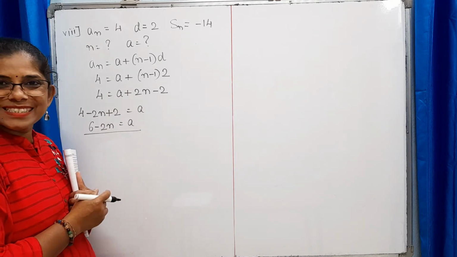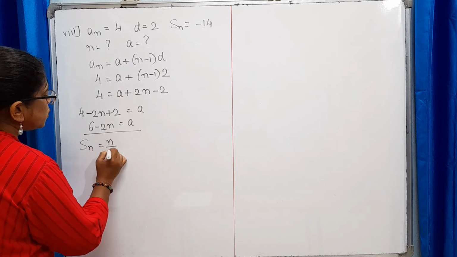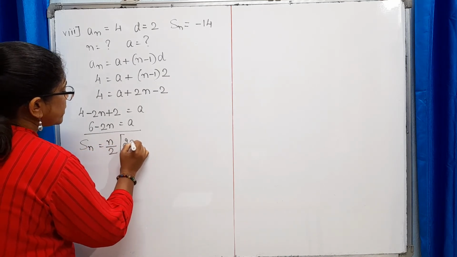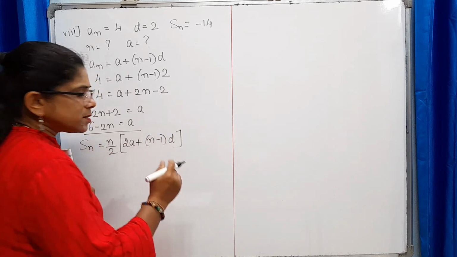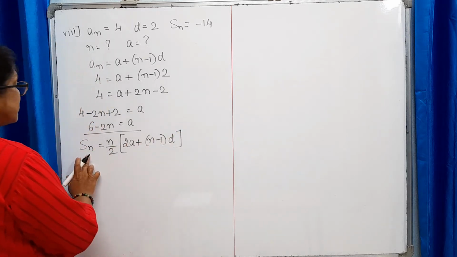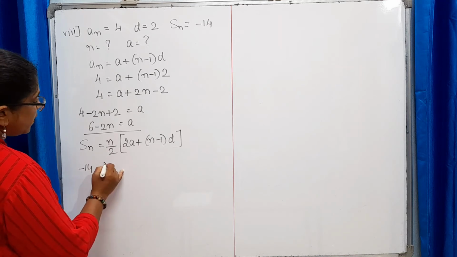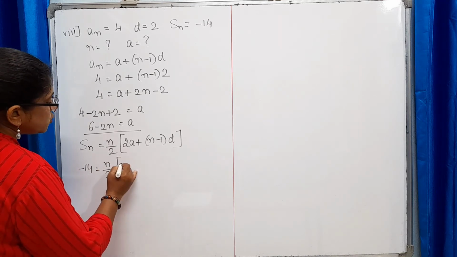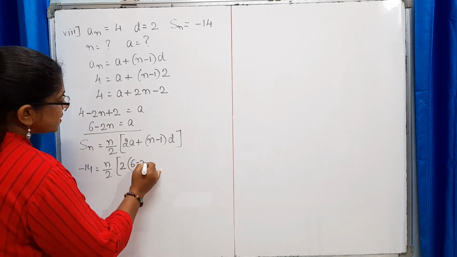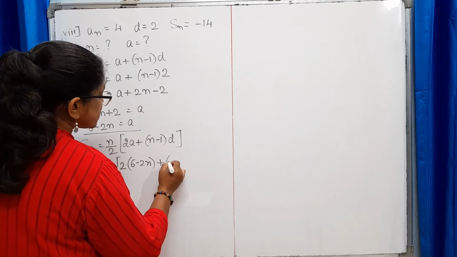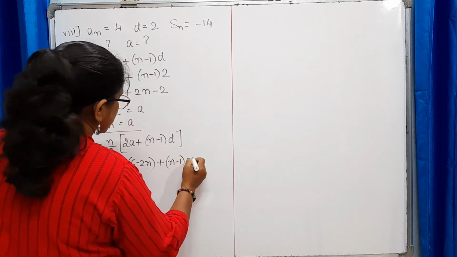How? Let's see. Let us write the formula of Sn. Sn is equal to n upon 2 into the bracket 2a plus n minus 1 into d. This is a little bit lengthy sum. Okay. Sn is minus 14. N we don't know. N upon 2 into the bracket 2 into, now what is our a here? 6 minus 2n, plus n minus 1 into d, which is 2.